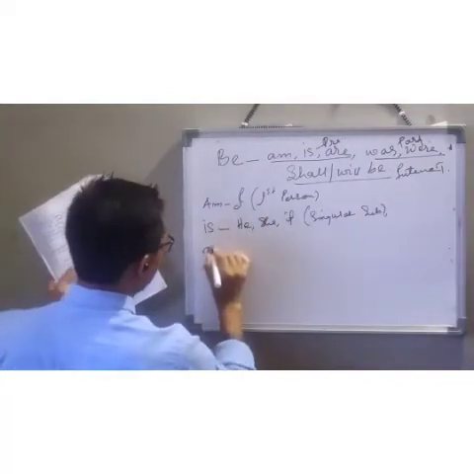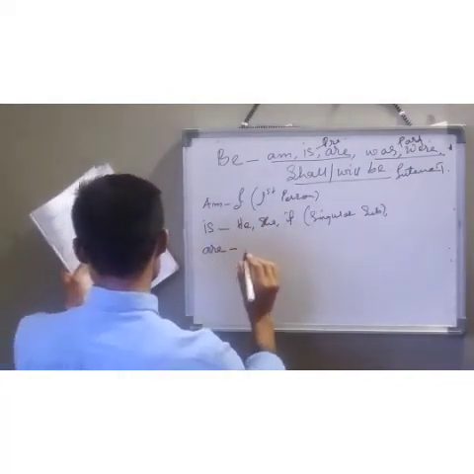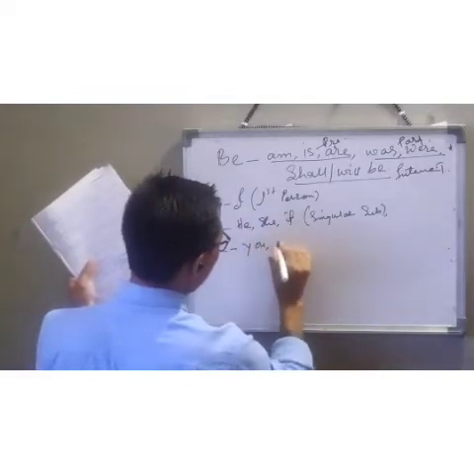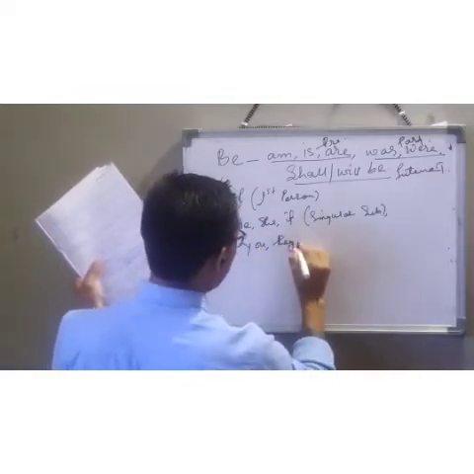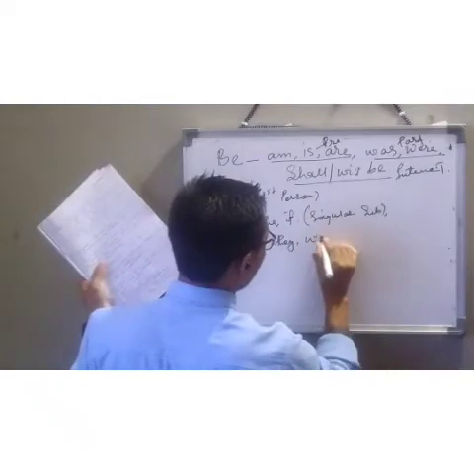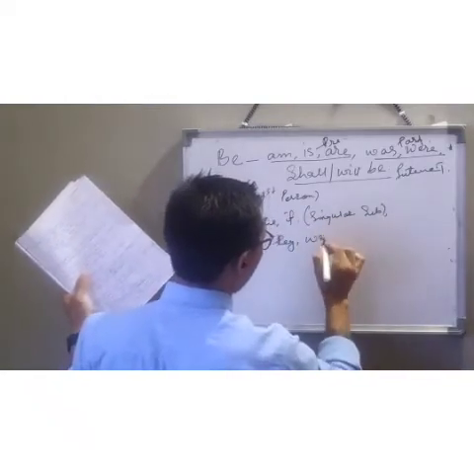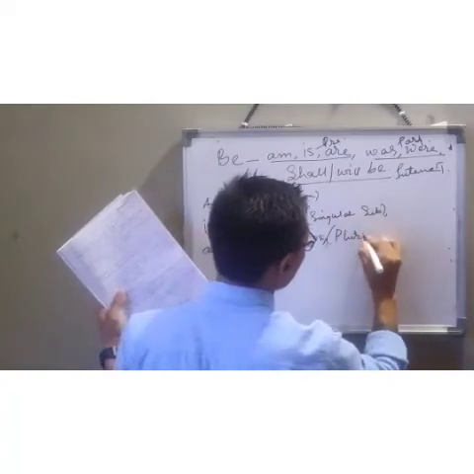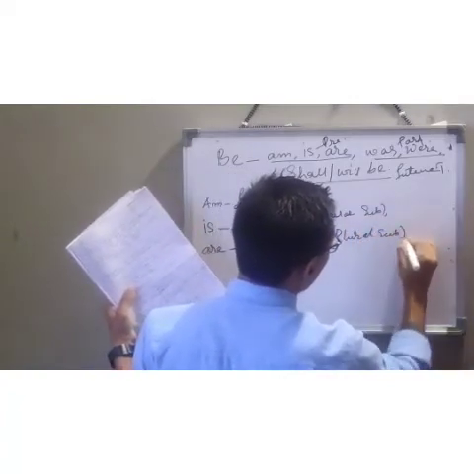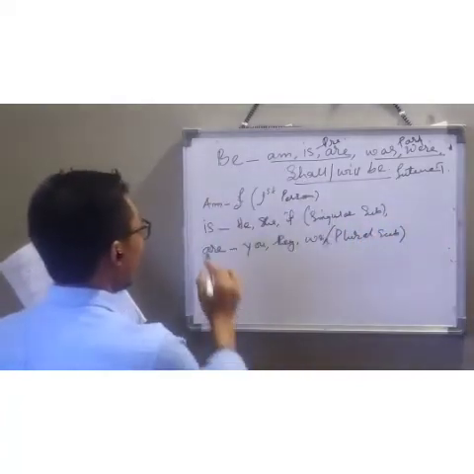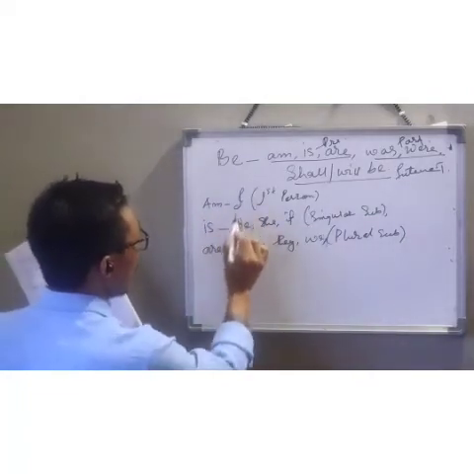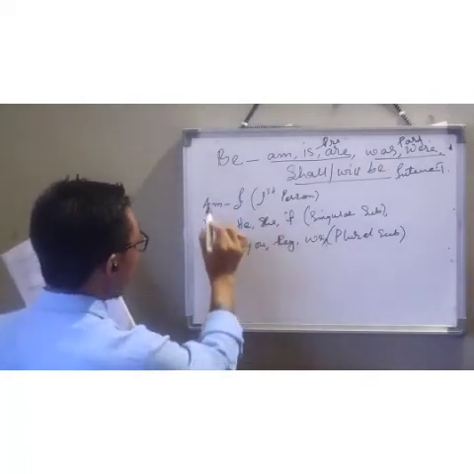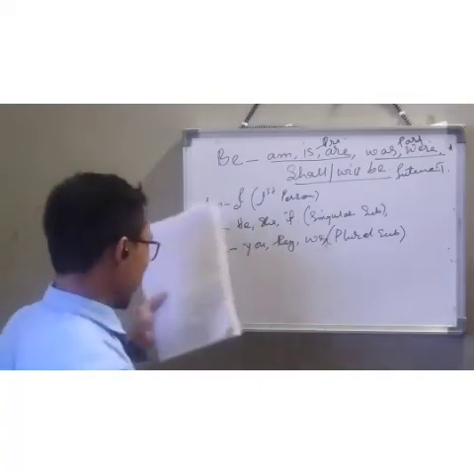Now, are can be used with you are, they are, we are. So it is a plural subject. Now, this is how and where this am, is, and are can be used in a sentence.